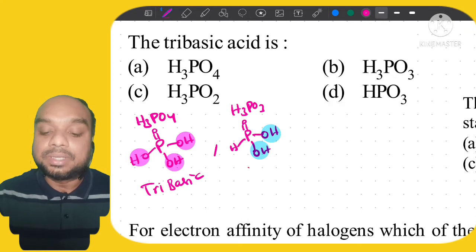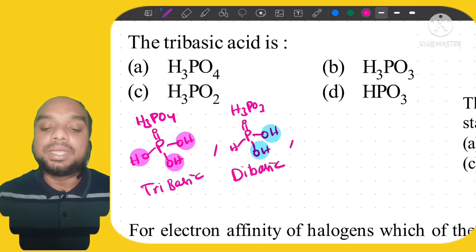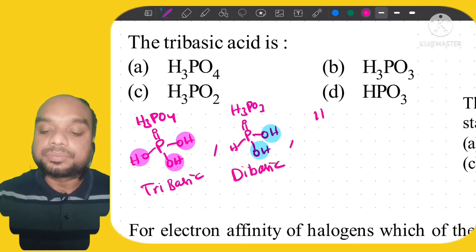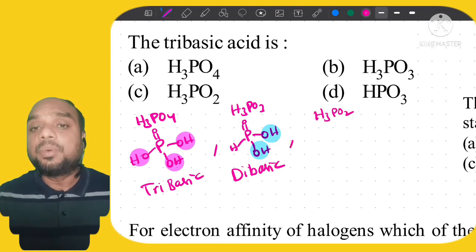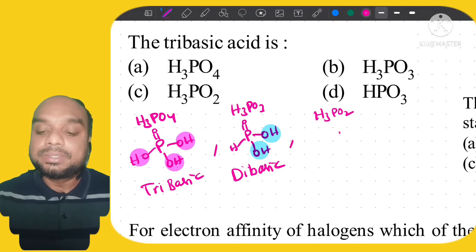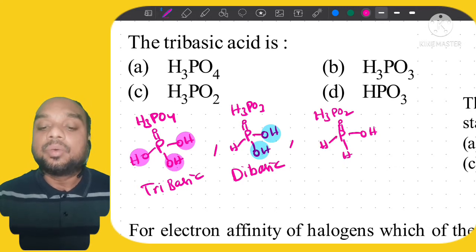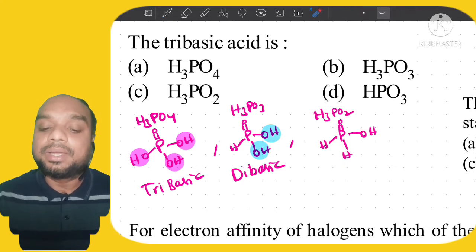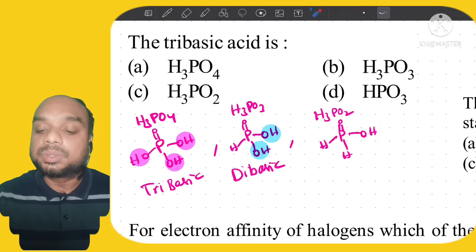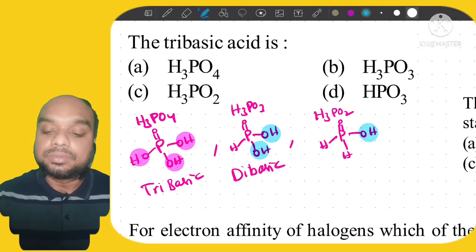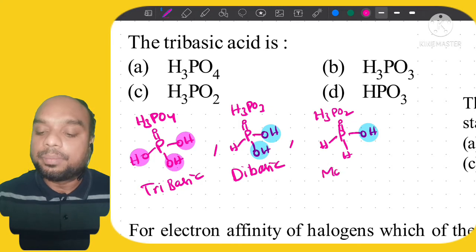So this one is dibasic. Next, H3PO2 is hypophosphorous acid. In this, P double bond O, OH, H, H. Here only 1 hydrogen is combined with oxygen. So this is called monobasic acid.